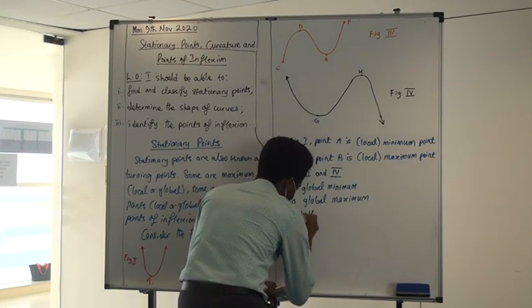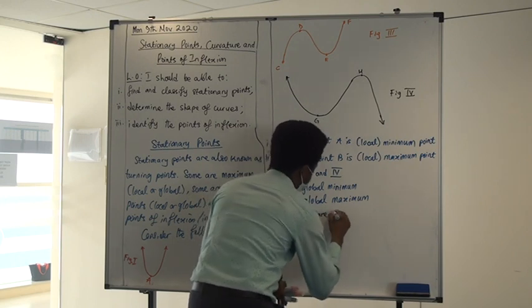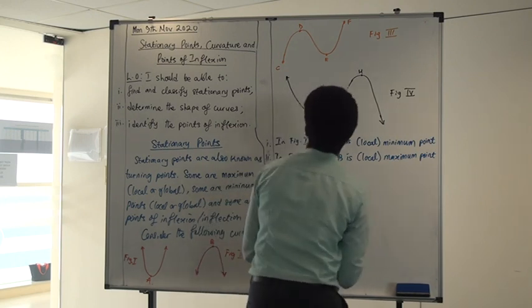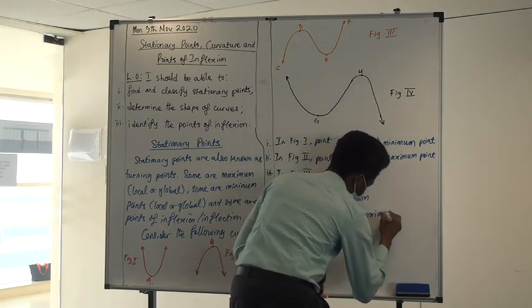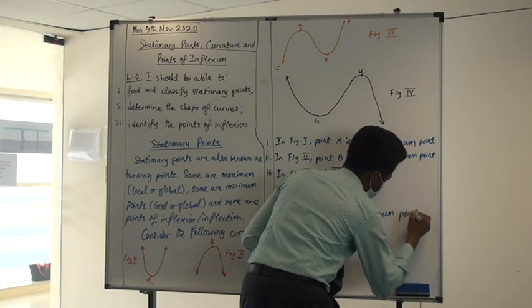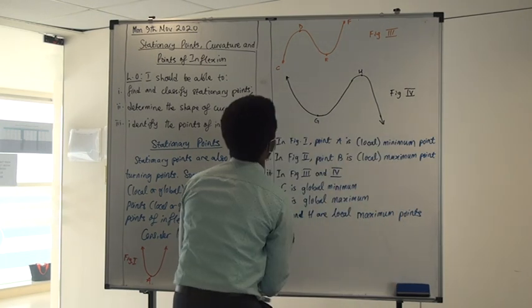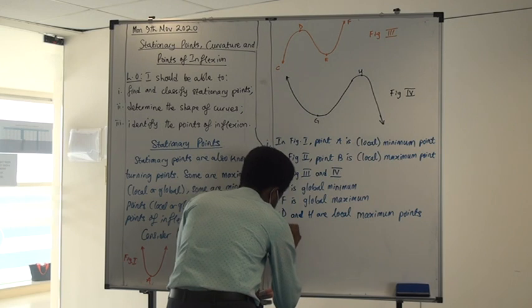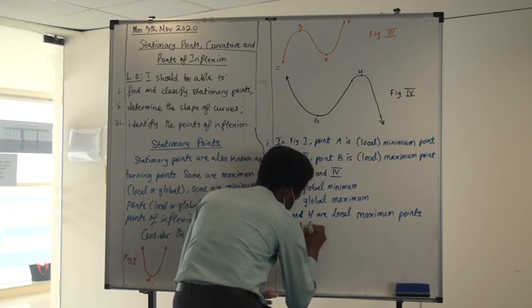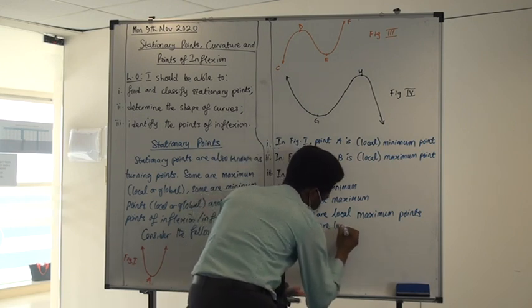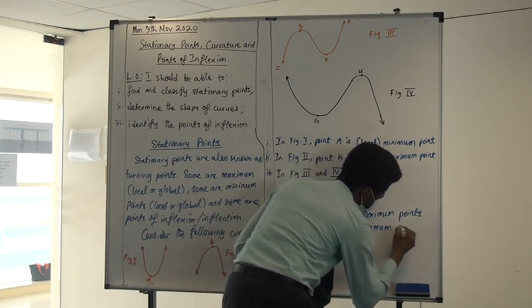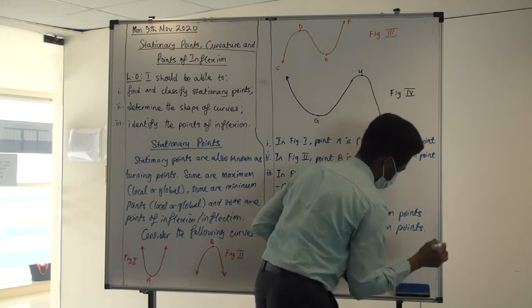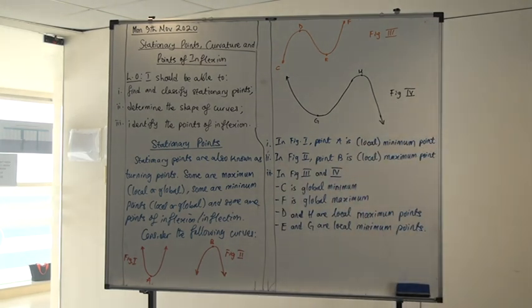D and H achieve local maximum and local minimum points. Does this make sense? Okay, let's take note of that.